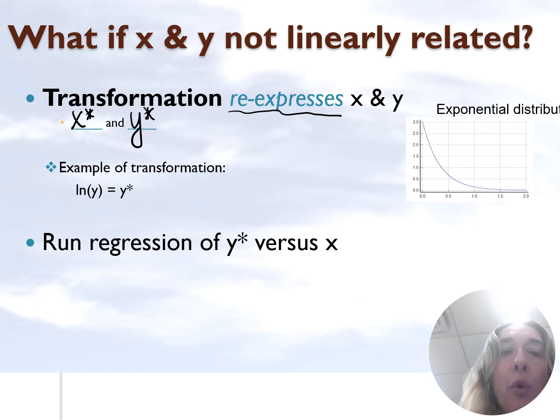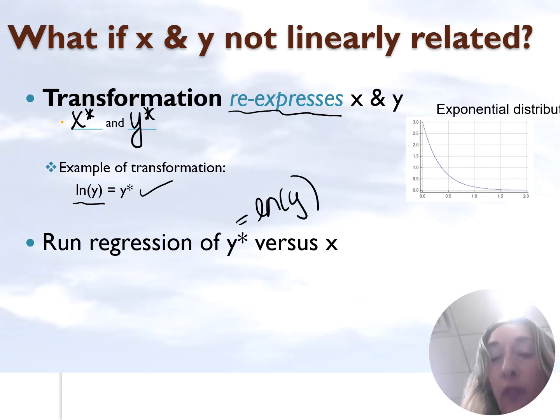If either one of those or both is transformed, we call it X star and Y star. An example of a transformation that you might do is taking the natural log of Y, which of course we would call Y star. Then we proceed to run the regression of Y star, or natural log of Y, versus X.